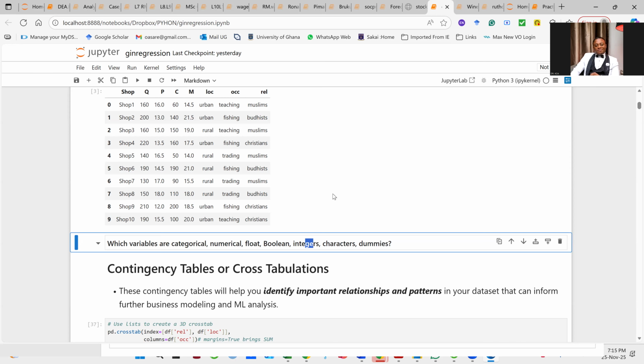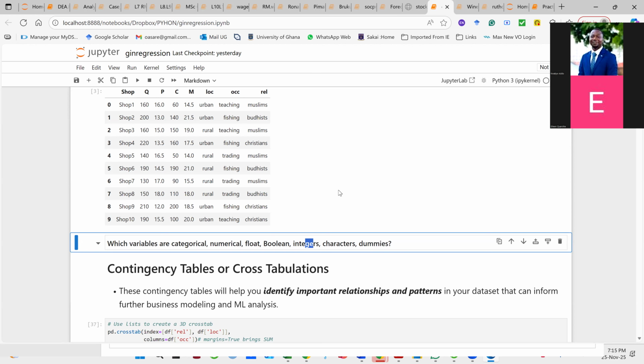Which variables are Boolean? Have you guys done analytics, programming? Yeah, I'm sure. If you have done Python, you know this. Yes, Boolean. Patrick? I'd say location because of the urban and rural. But I'm still not sure.